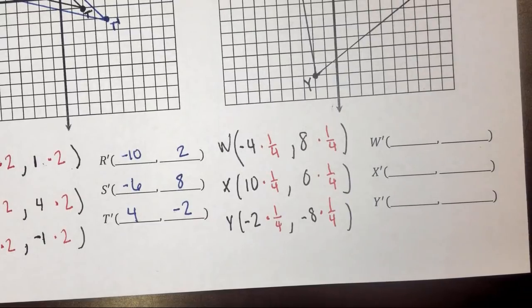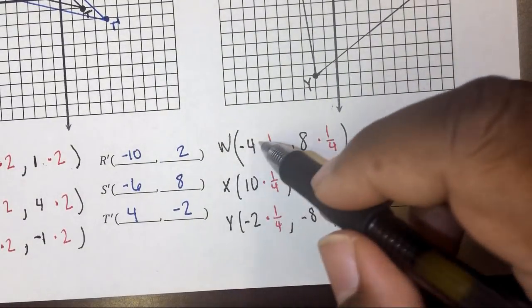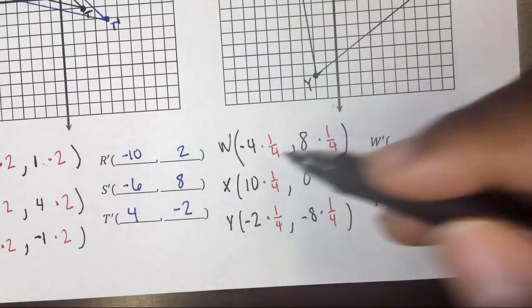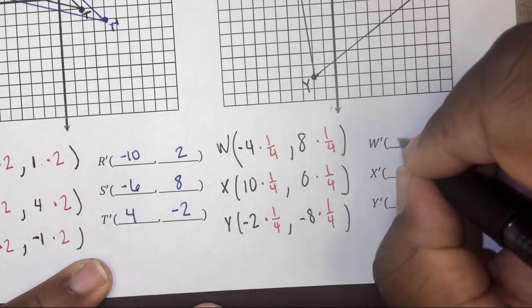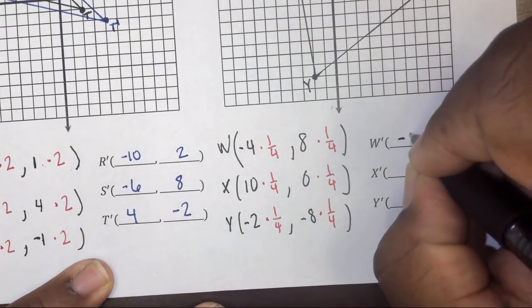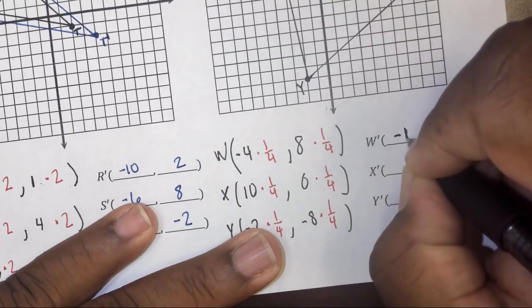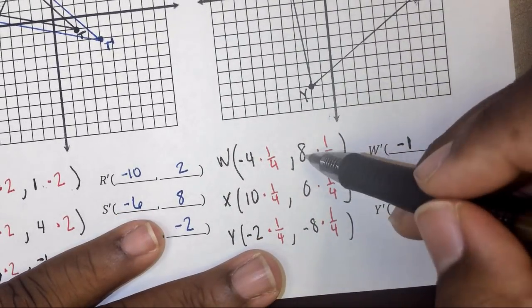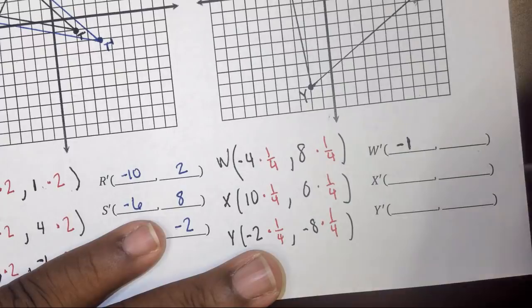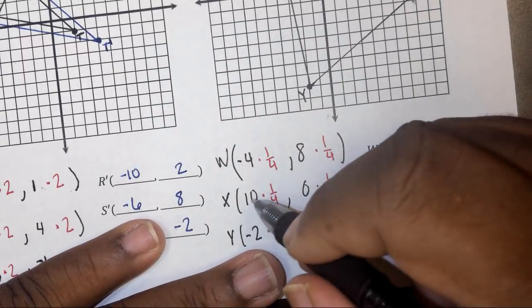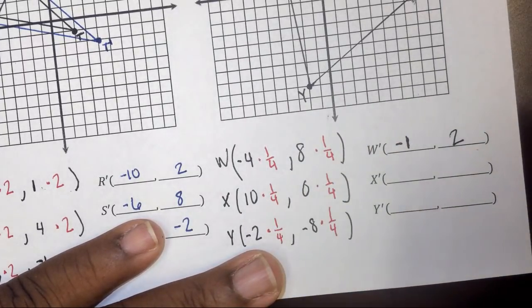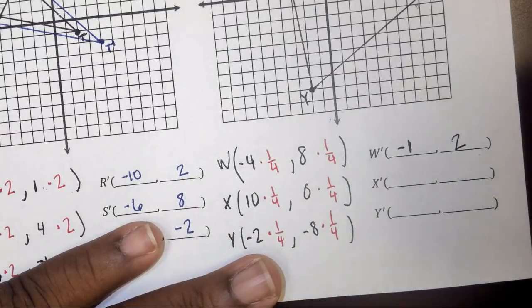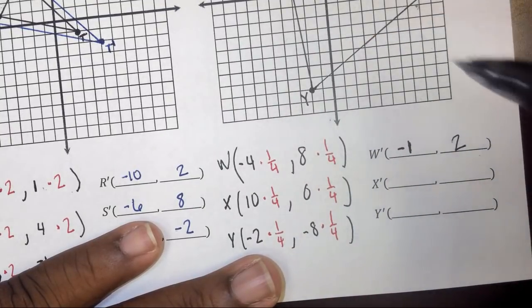Should be straight up for you after that. There's -4 times 1, -4 divided by 4. That's going to be -1. Hope you're okay with that math. 8 times 1, 8 divided by 4, 2. 10 times 1, 10 divided by 4. And it's okay to get decimals here because you're going to need a decimal when you're graphing anyway.